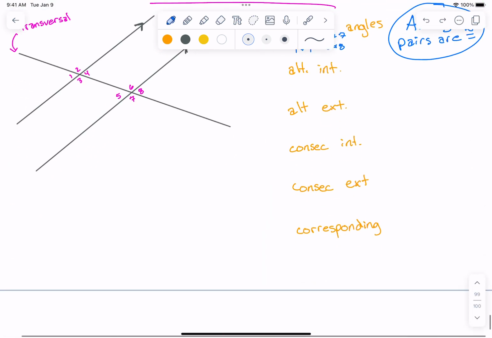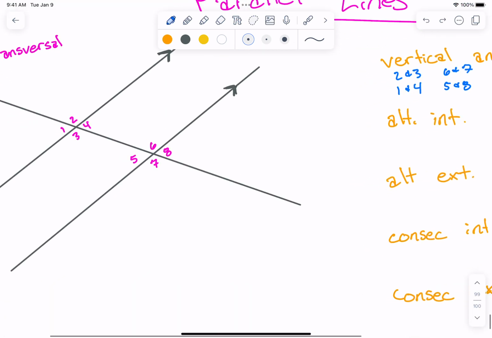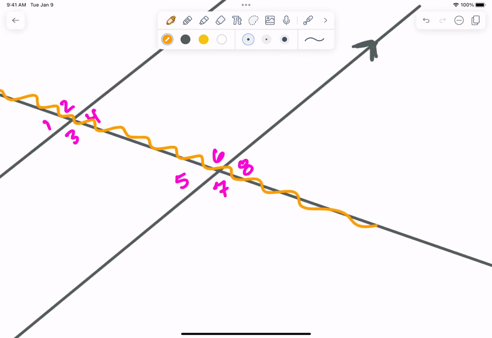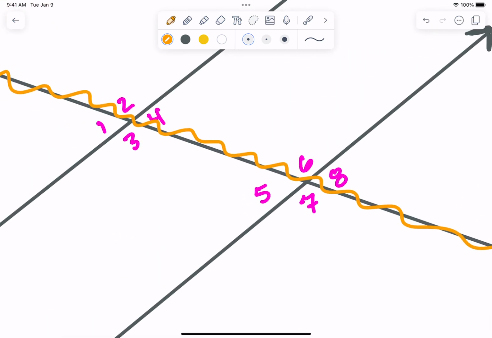All right, let's go to the next one, alternate interior. Do you remember which ones were alternate interior? If I'm looking at my transversal, this guy's my transversal. Alternate means on opposite sides of the transversal, okay? And interior, so like 4 would be alternate interior with 5. They're on opposite sides of the transversal.